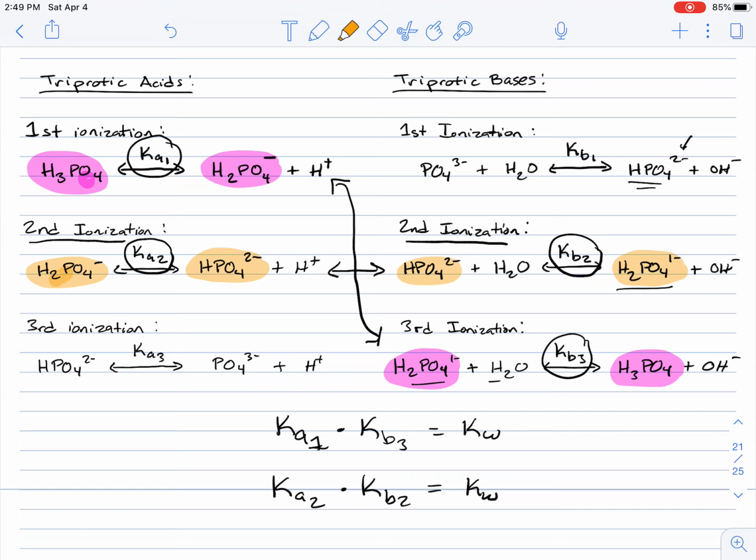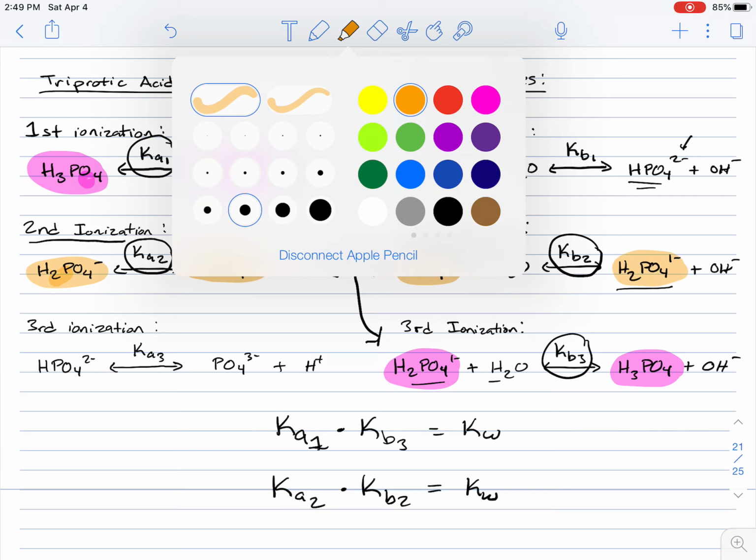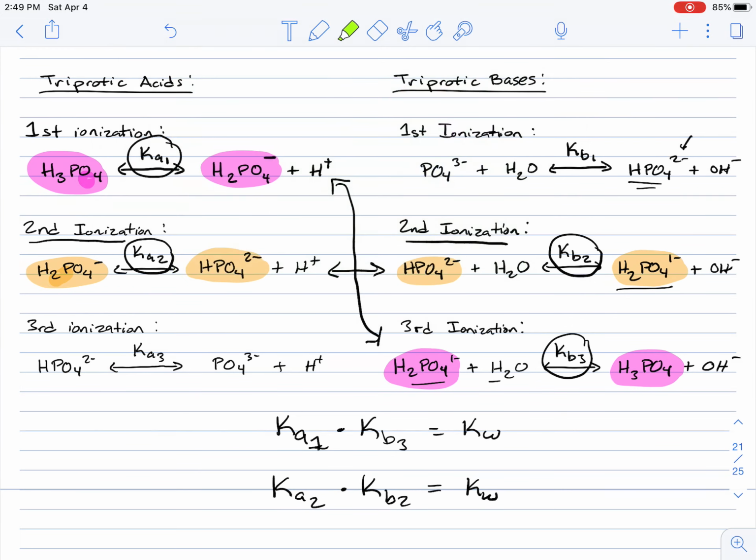And I'm going to use another color. Let's do green. If you look at the third ionization step for this triprotic acid, it's HPO4 2-, and its conjugate is going to be phosphate. We see phosphate in the first ionization step of the triprotic base, and we see its conjugate HPO4 on the product side.